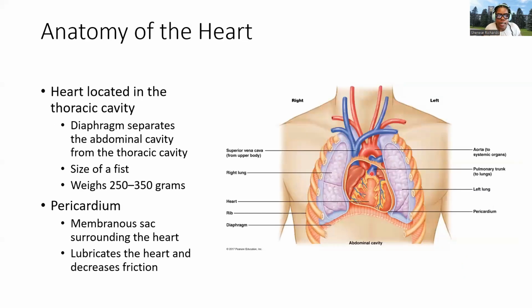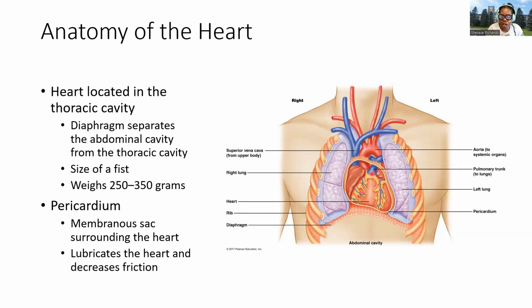All right. Now we also want to think about the general anatomy of the heart, how it's situated in the thoracic cavity, and how it's separated from the abdominal cavity by the diaphragm. Your heart is typically the size of your fist, smaller in adults, smaller in women, and slightly larger proportionally in men.